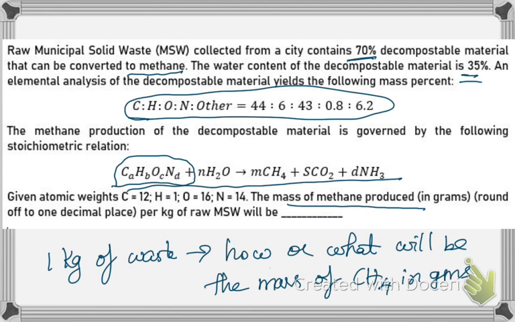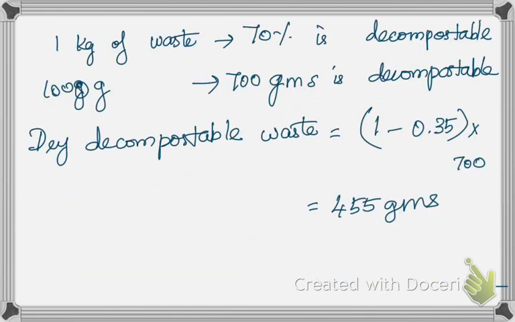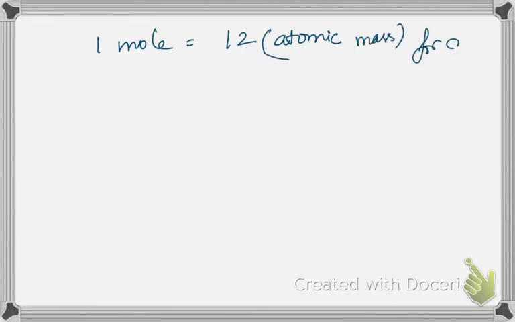Already the atomic weights are given in the problem: for carbon it is going to be 12, which means 1 mole is equal to 12 grams, so 1 gram will be equal to 1 by 12.